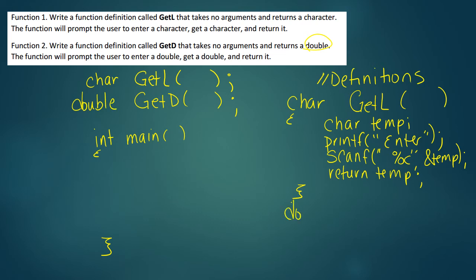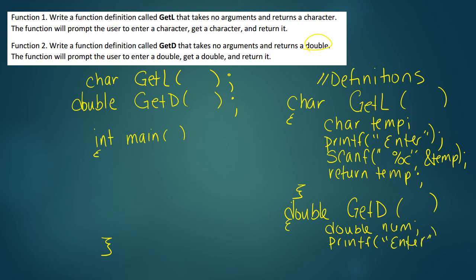So this is a double called getD that declares a temporary double, asks for it, scans it, and returns it. So these are my 2 function definitions.